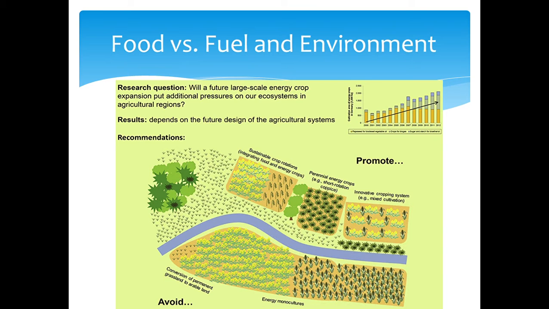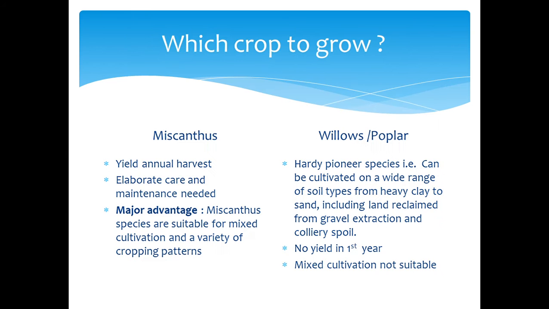Also, sustainable crop rotations and mixed cultivation should be used while growing energy crops so that the soil's fertility and nutrient giving capacity is not affected.